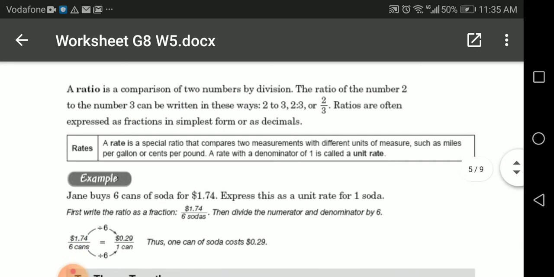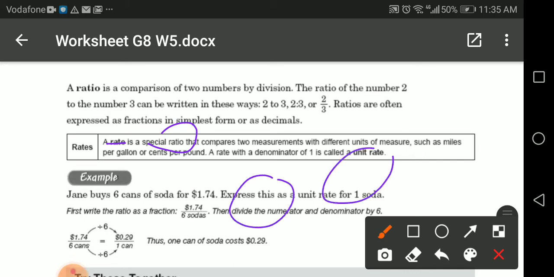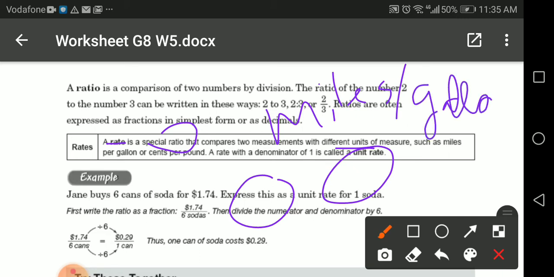So, we have another thing to study now, which is the rate. The rate is a special kind of ratio that compares two measurements with different units of measure, such as miles per gallon, or cents per pound.